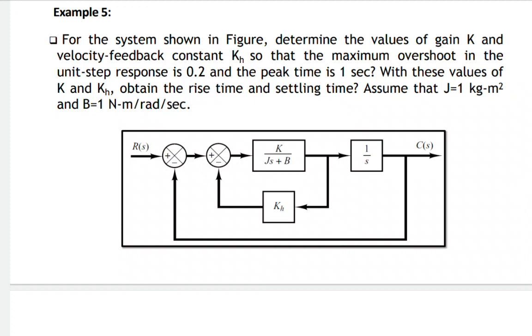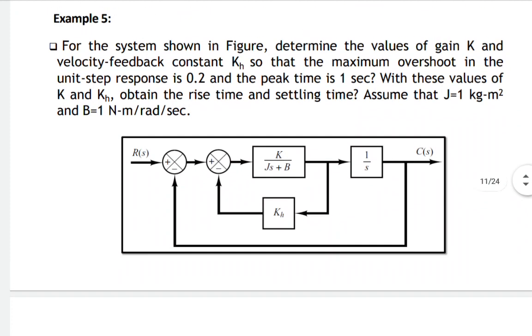Assume that J, the moment of inertia, is equal to 1 kg meter square, and B, the damping constant, is equal to 1 Newton meter per radian per second. Here the respective blocks are provided. The forward path transfer function is k by Js plus B. The reverse path is kh. Another block is introduced, that is 1 by s.